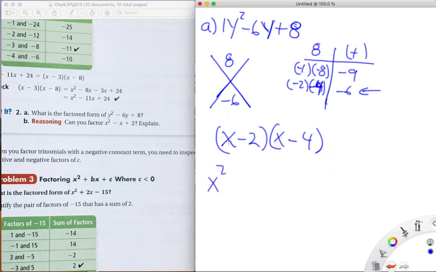X times x is x squared. X times negative 4 is negative 4x. Negative 2 times x is negative 2x, and then negative 2 times negative 4 is positive 8. Combine them: x squared minus 6x plus 8, and it works. Oh, these are y's. You get the deal.